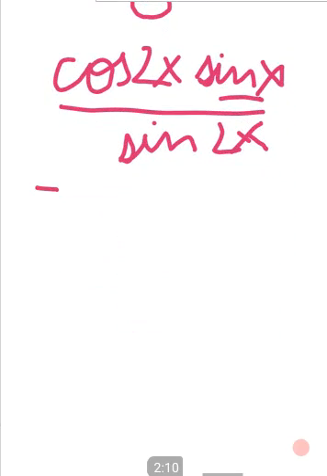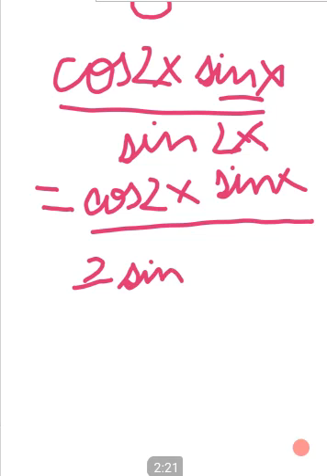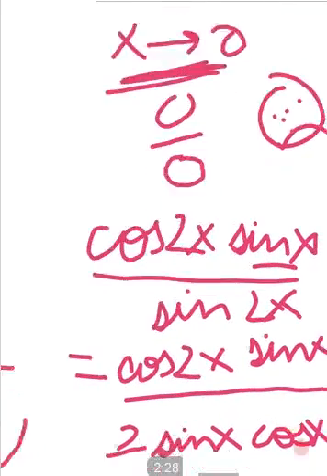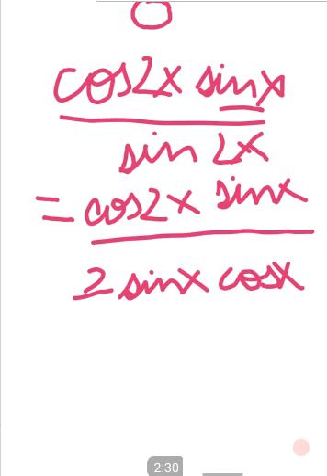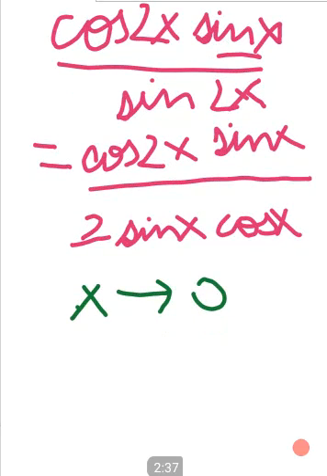This function can be redefined as cosine 2x sine x over sine 2x, which is 2 sine x cos x. Now x approaches 0, and I'm telling you again and again, x approaches 0 means x is closer and closer to 0, but x is never equal to 0.